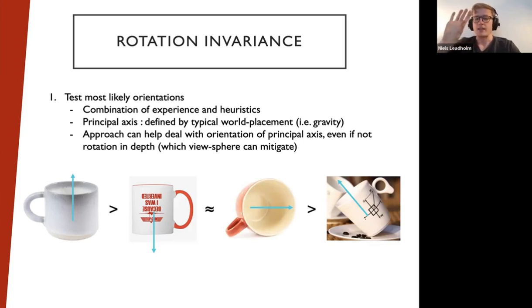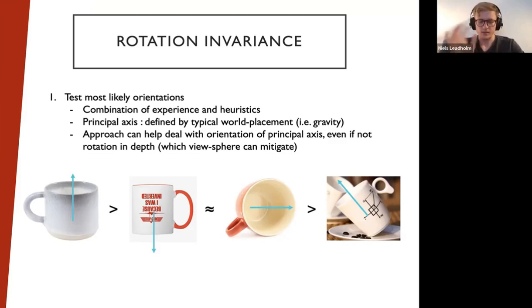In order to talk about this, I'm going to loosely define the principal axis of an object. Every object will have this, and it is basically with reference to how the object is normally placed in the world due to the constraints of, for example, gravity. So a coffee cup. It doesn't specify rotation around the principal axis.